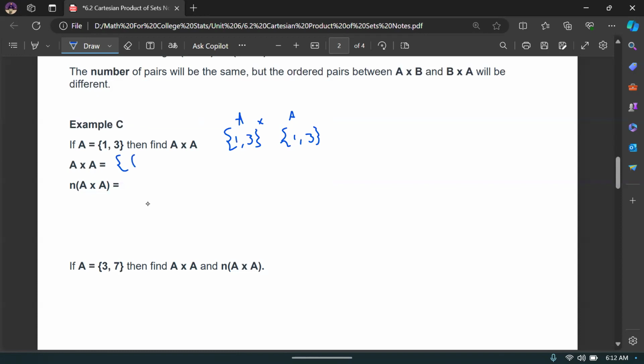So it would be (1, 1), (1, 3), and then (3, 1) and (3, 3). That's perfect. And again, the number of elements in A times A is going to be 4 because the number of elements in A times the number of elements in A again. This was 2 elements times 2 elements, which is 4. And you can see that because we have the 4 ordered pairs. So just another reminder with that.